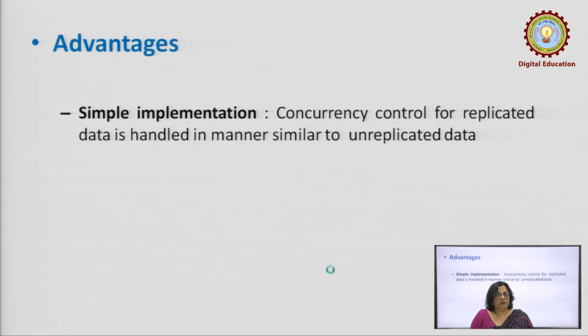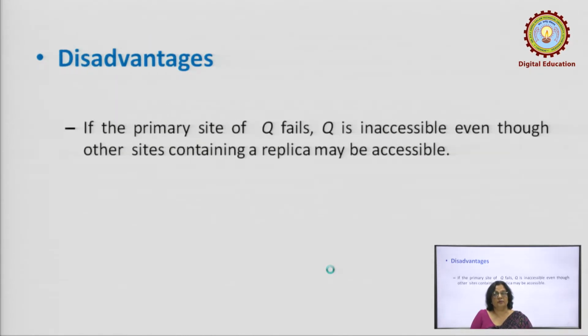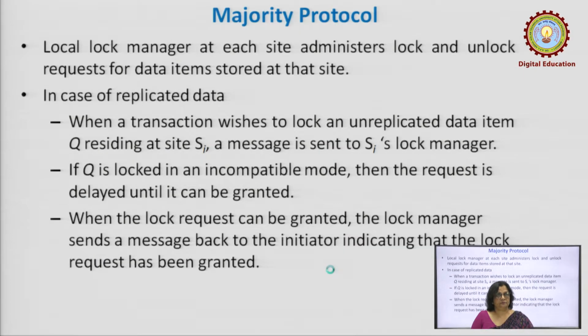The concurrency control for replicated data is handled in a manner similar to unreplicated data. But the disadvantage is that if the primary site of Q fails, then Q is inaccessible even though other sites containing the replica of Q are accessible.